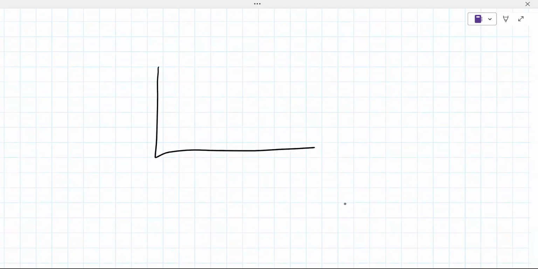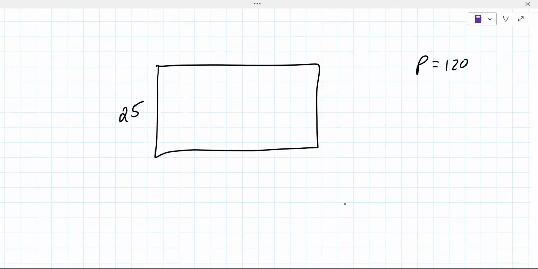Let's try one more here. Let's say the perimeter is 120 and the left side here is 25. And I want you to find the other side here. Other side would be 25, of course, right? Okay. Yep. Keep going. 50 right there. And then 50.